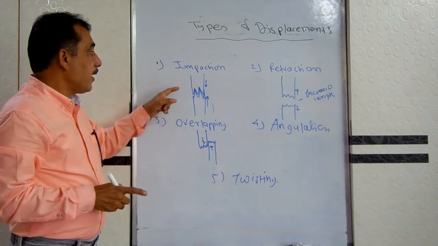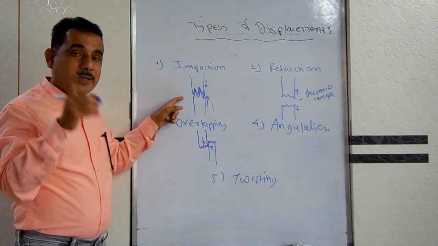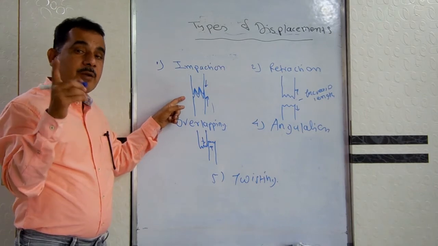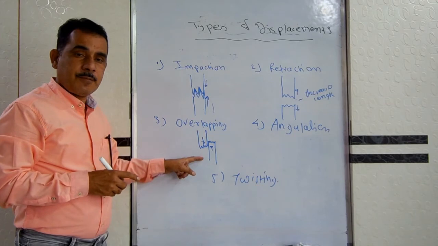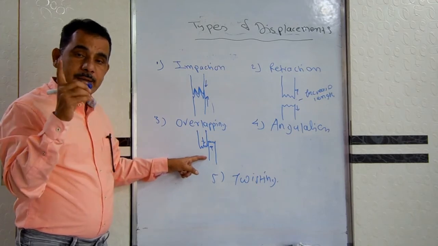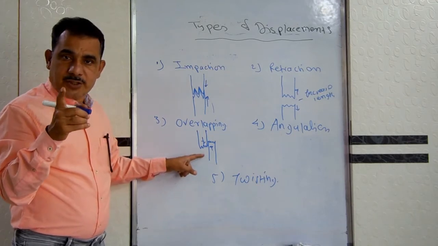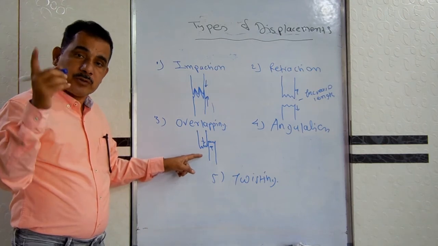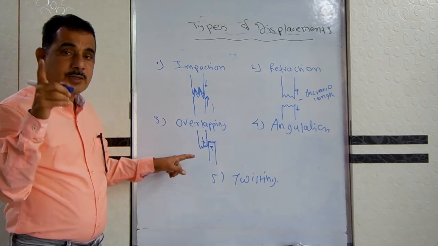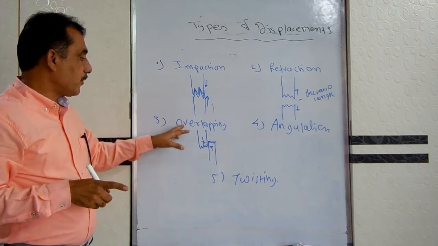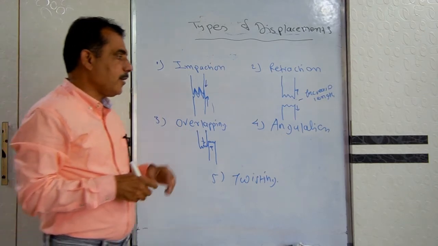But in impaction, the pain is less, free movements are possible, and movements are painless. But here the pain is there, movements are restricted, and even though some movements take place, the movement is painful. Did you understand? You have to differentiate this clinically. Are you able to diagnose it clinically?